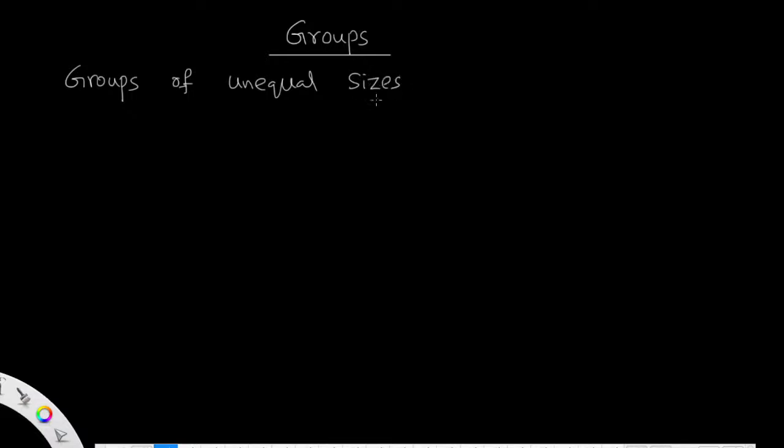There will be groups of equal sizes and another, unequal sizes. Let us first start with one example, then go to the formula.